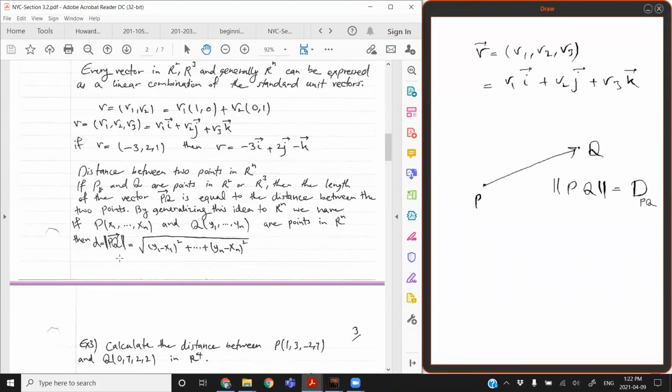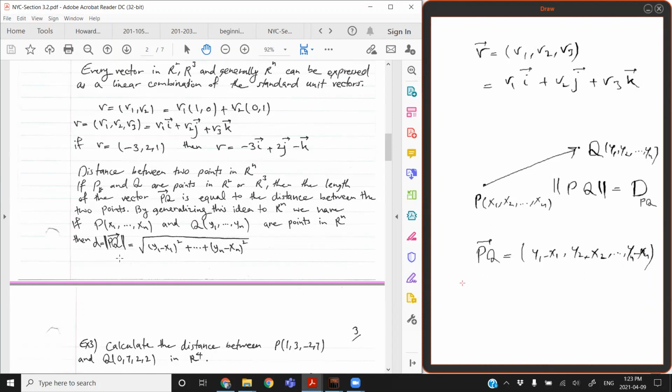So we know that if this is x1, x2, all the way to xn, and this is y1, y2, all the way to yn, then the vector PQ is going to be defined as terminal minus initial. So it will be a vector like this: y1 minus x1, y2 minus x2, all the way to yn minus xn.